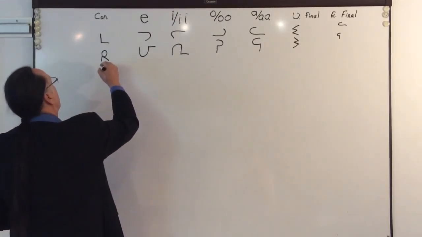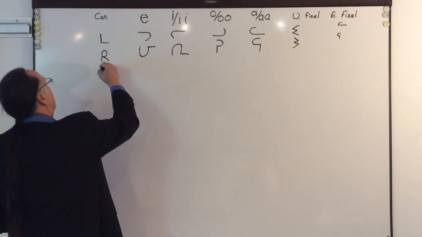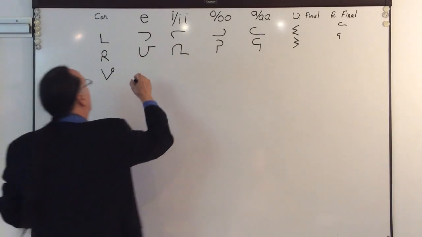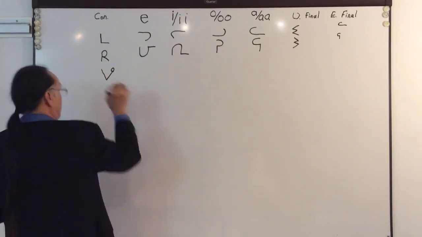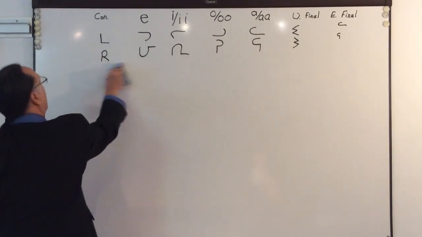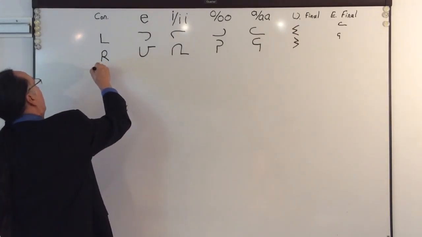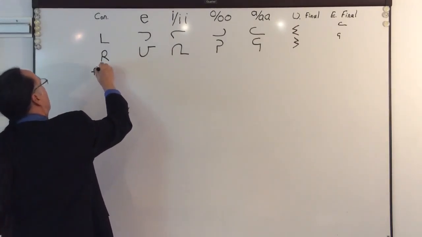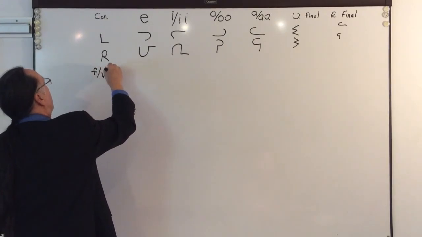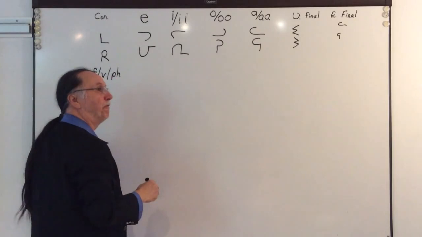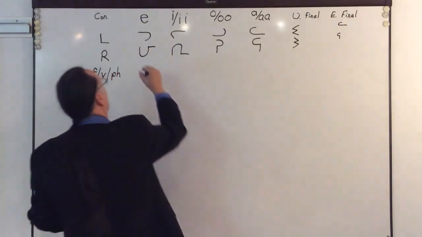The first one is, oh, I'm sorry, I'm showing you the letter. I should be showing you the consonant. It's F, V, and PH, which all sort of make an f sound.